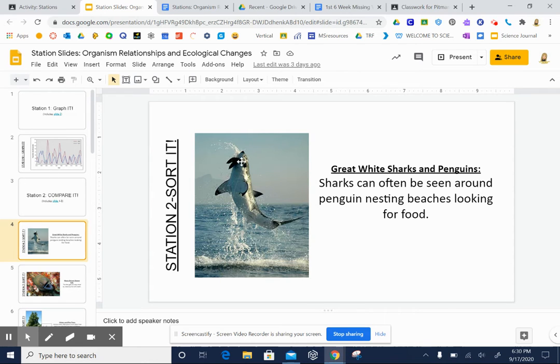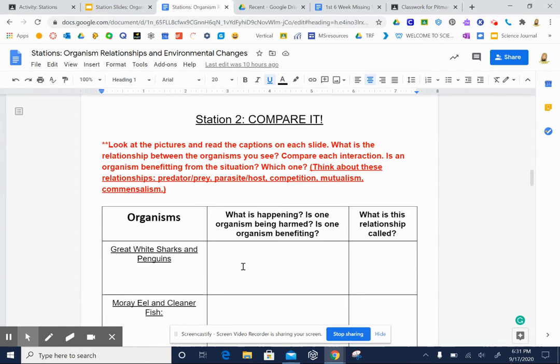And you can see the shark is jumping up and eating the penguin. So over here, it says what is happening. Is one organism being harmed? Is one organism benefiting? So I might say something like, the shark is benefiting because he is eating the penguin for energy.